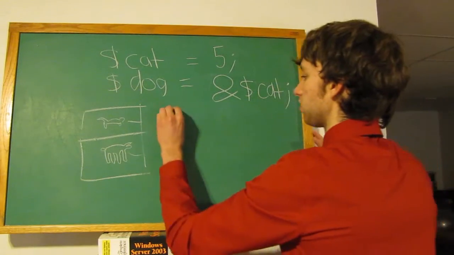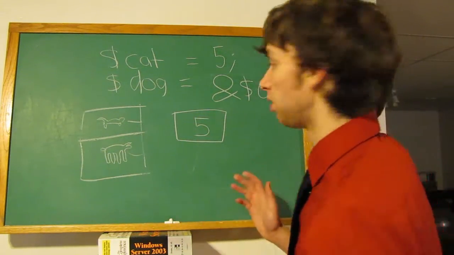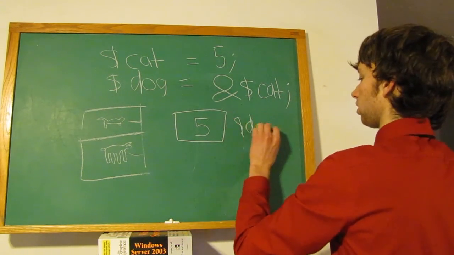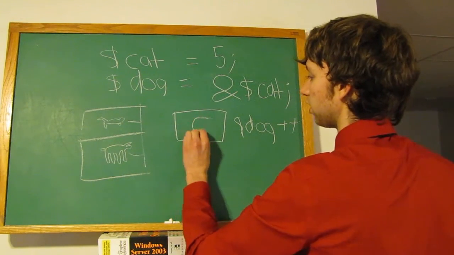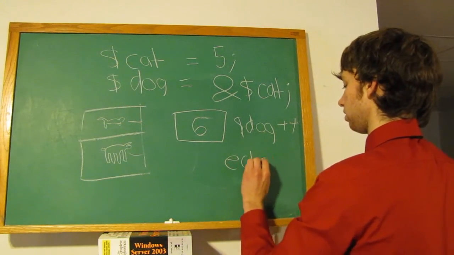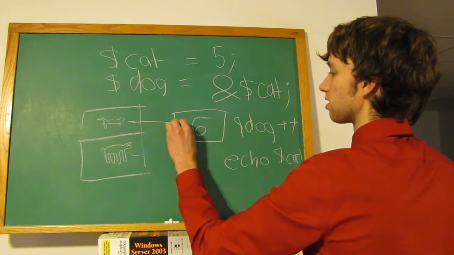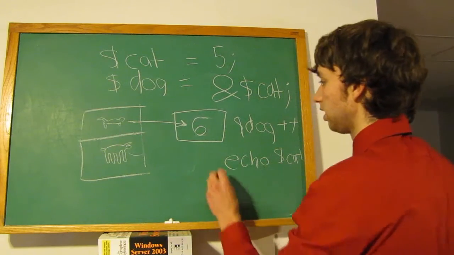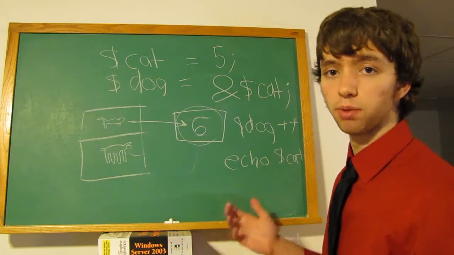These both point to this value of 5. Now, when we increment dog, well, this changes the value to 6. Now, if we echo cat, well, because cat points to the same place, the value that's going to be echoed is 6, not 5, even though we never incremented cat.